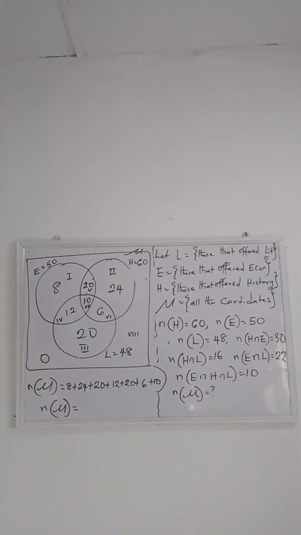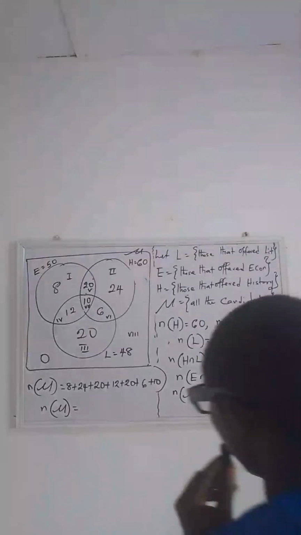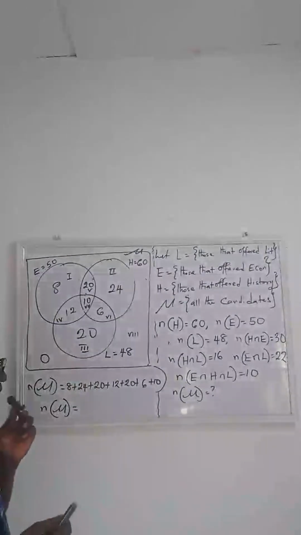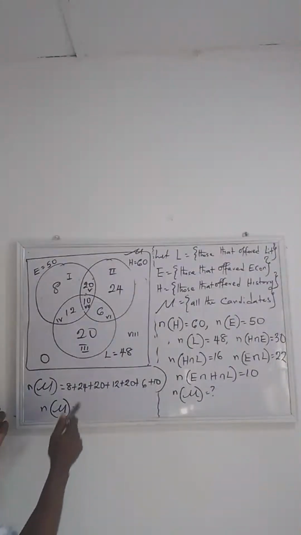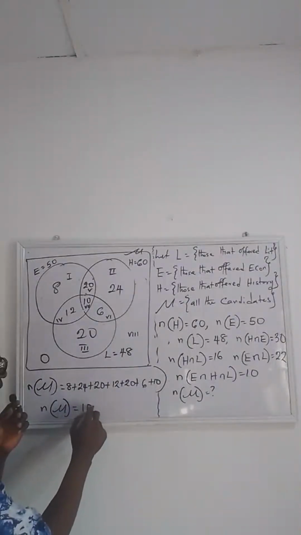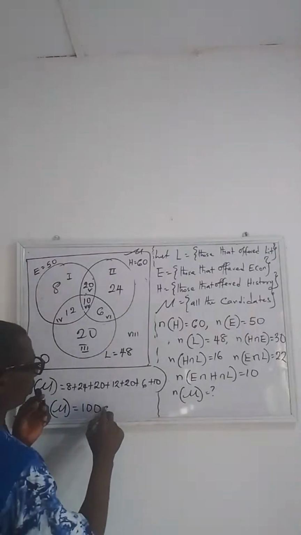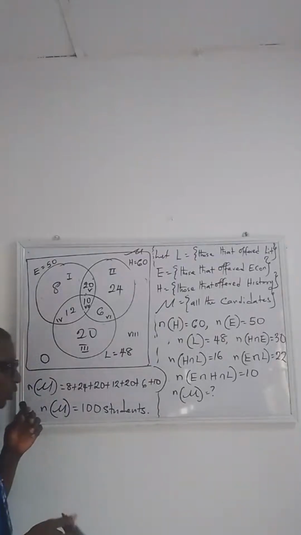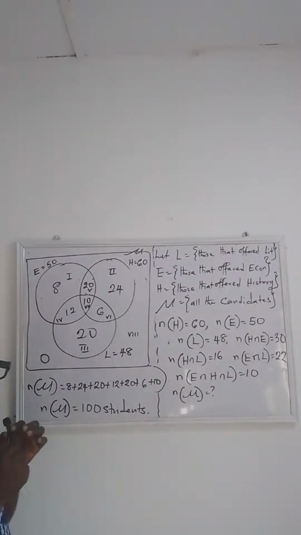Yes, I can see Lekon 100. Omalola 100. Balogun 100. So I think everybody is giving 100. So we are all correct. Please, let's clap. That's very good. It shows you are going on with the class. So the total number is going to be 100 students.